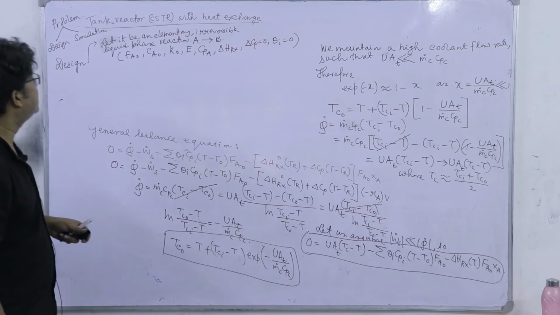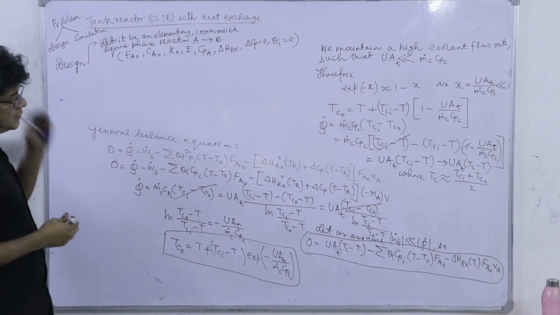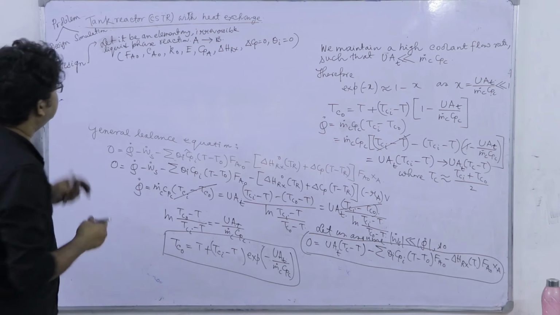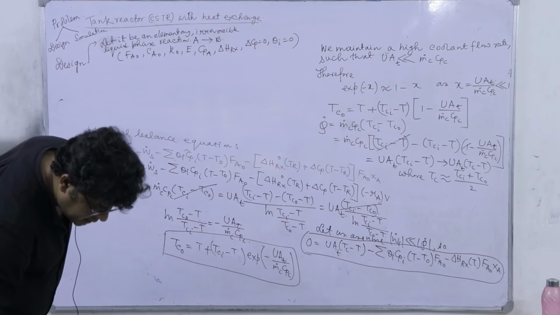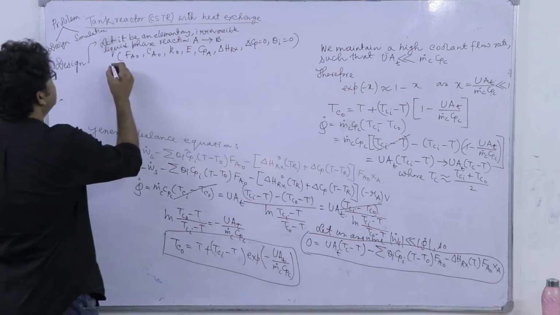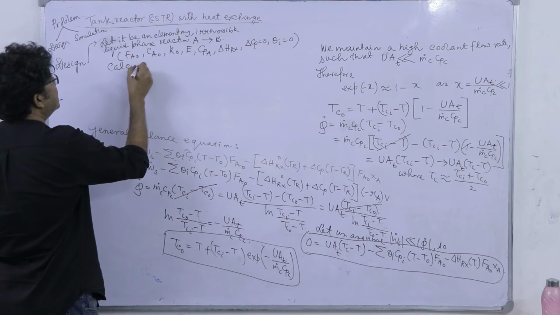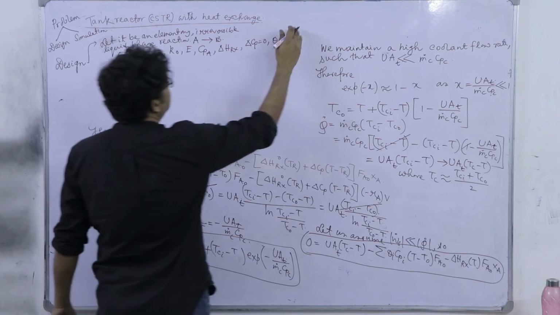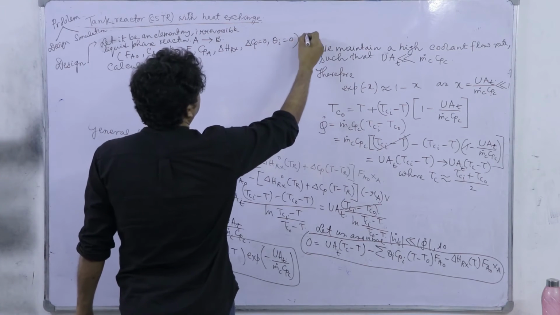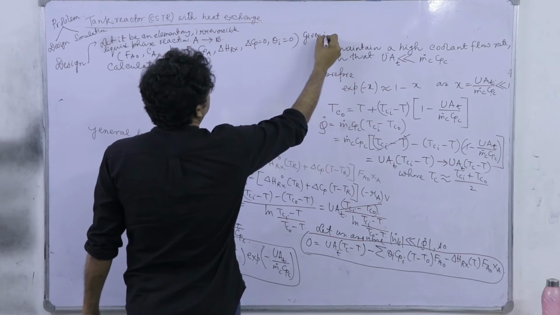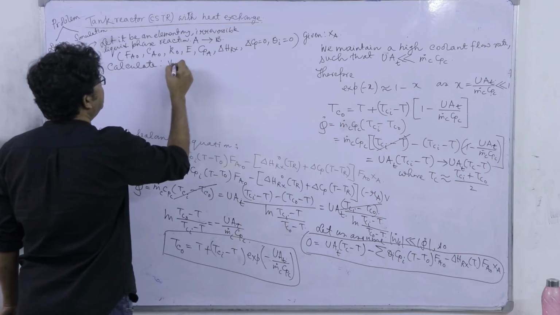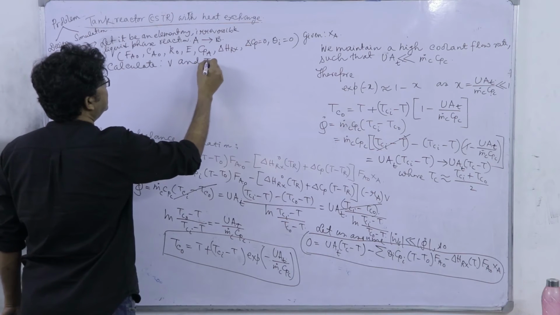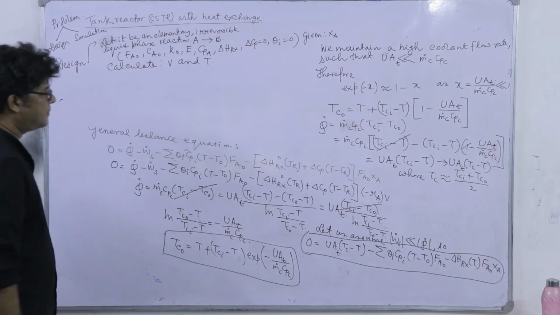Right. So, we have to find out the volume required, or additionally we have this Xa given. So, calculate V, the volume required, and the outlet temperature.